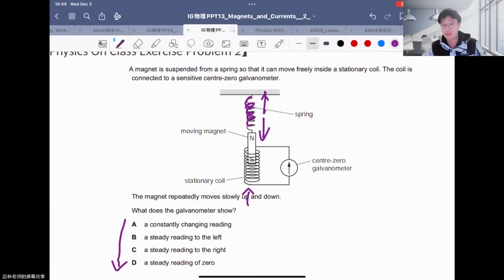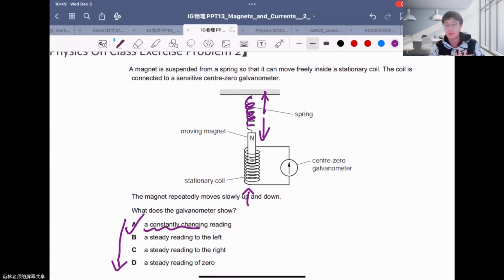And if you're moving further away, I say, you're very far away, so please stay with me for a longer time. So here you have another kind of force. We have changing current and changing force. So here is a constantly changing reading, right? Sometimes there is an attractive force with one current direction, maybe on the left, and sometimes another direction on the right. So we choose a constantly changing reading.